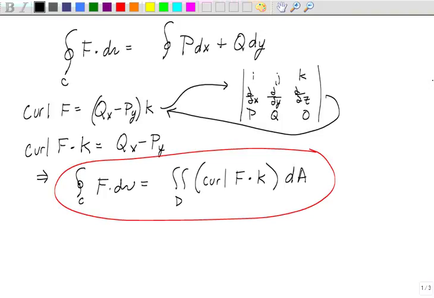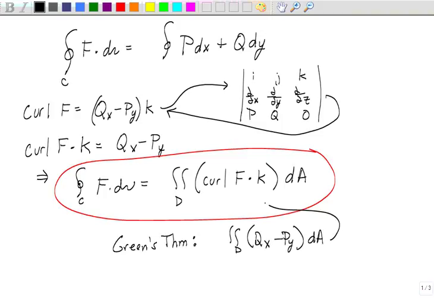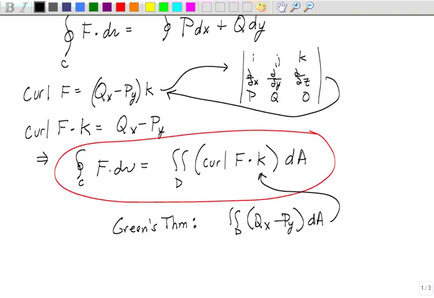Because if you recall Green's theorem, it says that that's equal to the double integral over D of Qx minus Py dA. So we have a new way of writing Green's theorem.